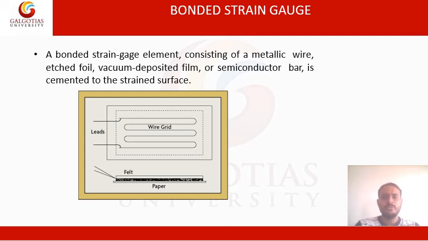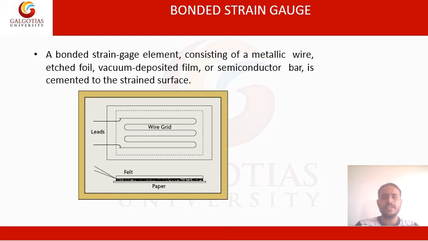The most commonly used bonded strain gauges are the metal foil type, and such strain gauges are manufactured by the photo etching technique. Here the thin strip, the foil, is the active element of the strain gauge, while the thick portion provides the electrical connection.